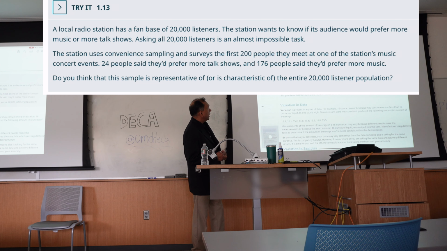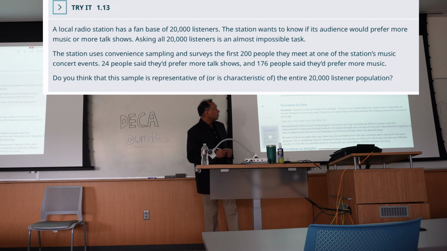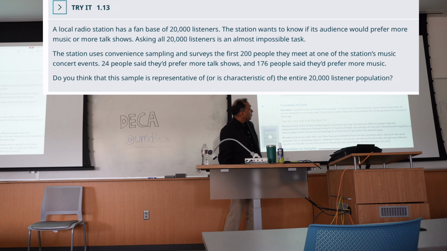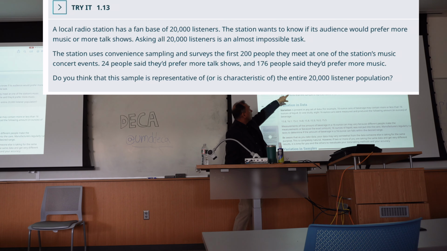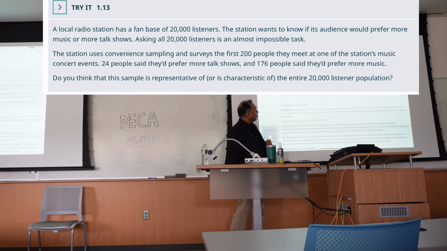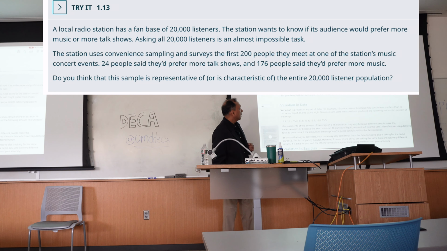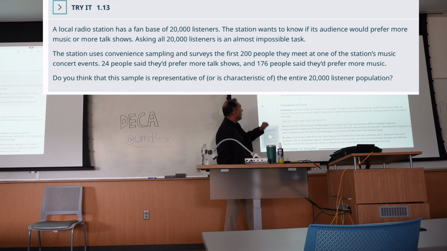A local radio station has a fan base of 20,000 listeners. The station wants to know if the audience would prefer more music or more talk shows. Asking all 20,000 is almost an impossible task. It will take time, they have to spend money, so obviously they want to take a sample.